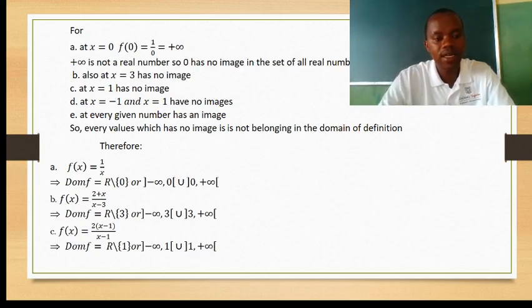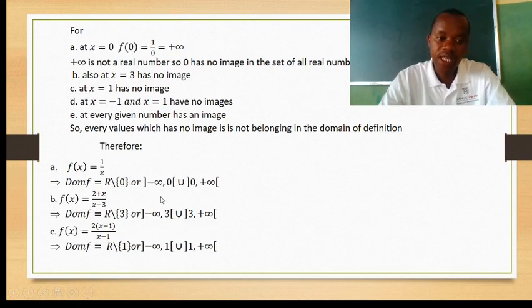We write it like this: R minus the set containing only one element, 0. In interval form, we write from minus infinity up to 0 exclusive, union from 0 excluded up to positive infinity excluded.